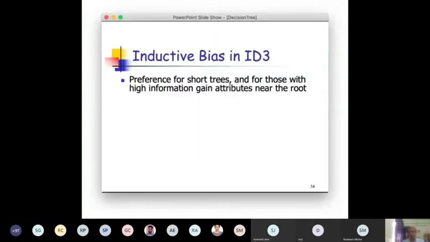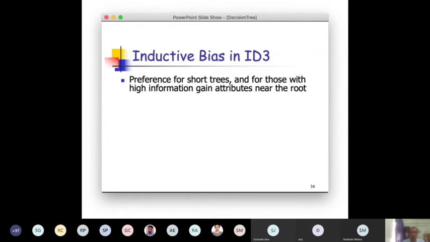Let us also discuss what the inductive biases are that we considered in this particular decision tree algorithm, which we name ID3 here. One thing I mentioned already is that you are preferring shorter trees, because you are choosing the high information gain attributes, from the root itself.